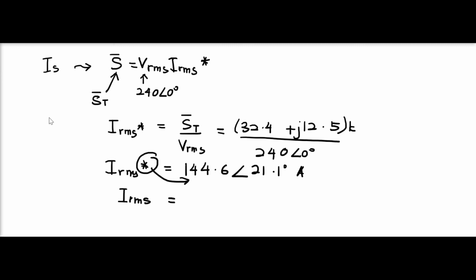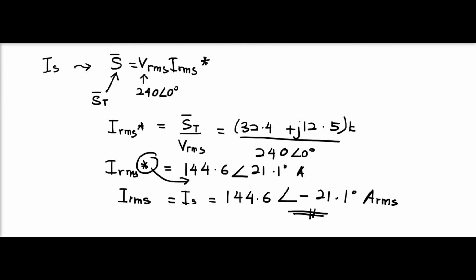So I RMS or IS equals 144.6 at angle 21.1 amps. This is the answer for IS.